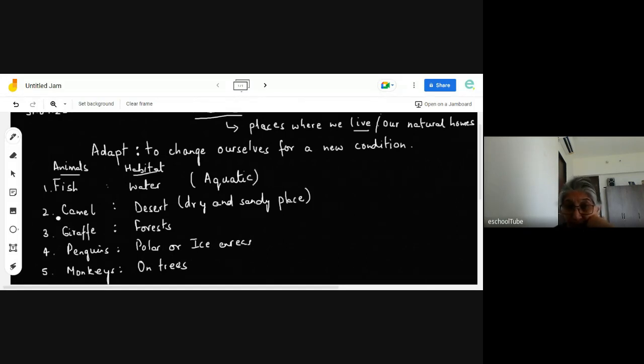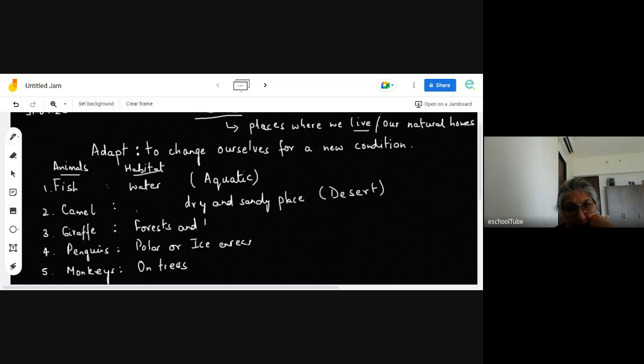Aquatic. Camel, dry and sandy place. What is it called? Desert. We have already written it. So I'll just remove it from here and we'll write it here. Desert. Next, forests and land.